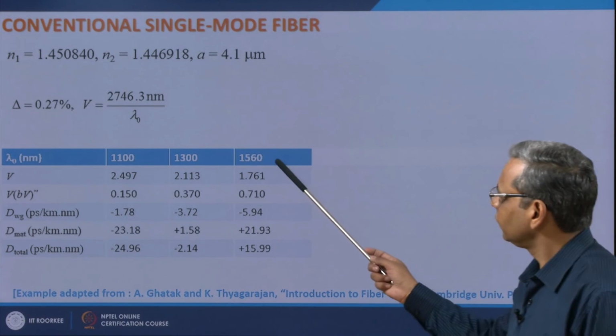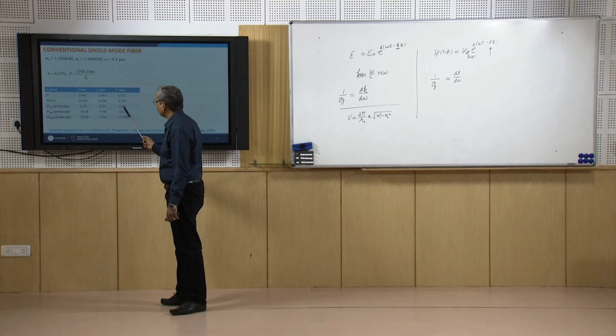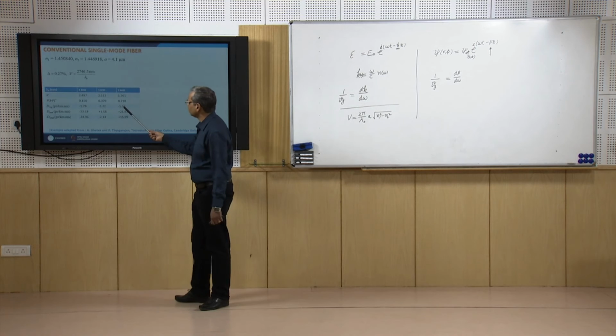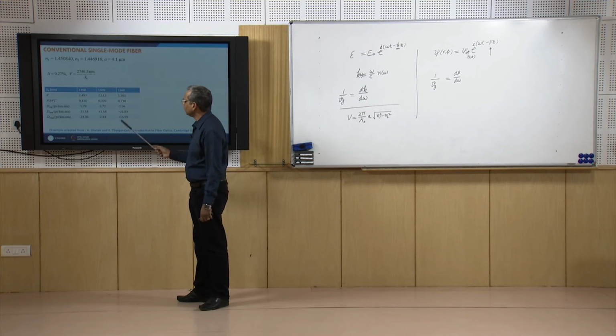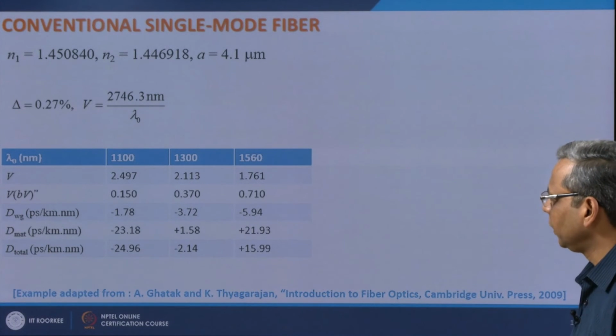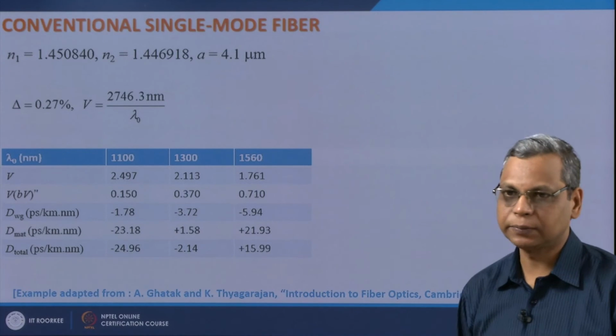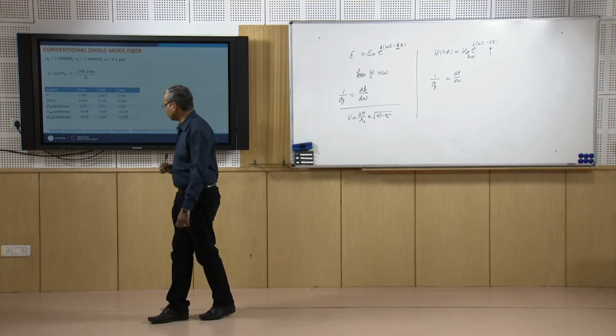Near the communication window at 1560 nanometer, waveguide dispersion is about minus 6 picoseconds per kilometer nanometers, while material dispersion is plus 22 picoseconds per kilometer nanometer. So, the total dispersion comes out to be about 16 picoseconds per kilometer nanometer.